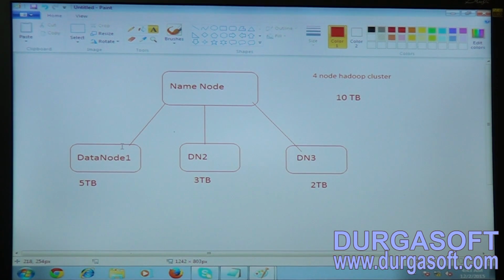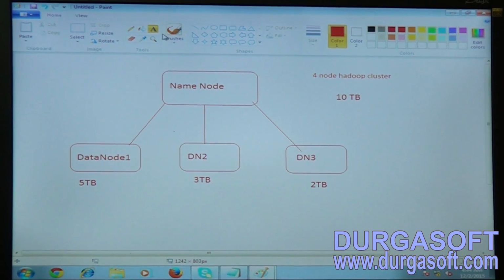So how? Because name node sends the business logic to the data nodes where exactly that particular related data has been stored. Say for example, I have stored only 5 terabytes here.